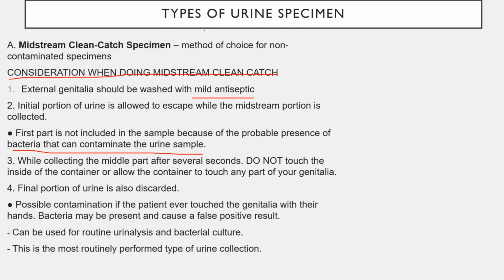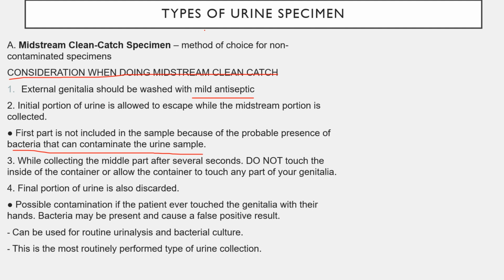So the reason they don't include the first part is that it could get contaminated by bacteria. While collecting the middle part, do not touch the inside of the container or allow the container to touch any part of your genitalia. The final portion of urine is also discarded. This is because of possible contamination if the patient ever touched the genitalia with their hands. Bacteria may be present and it would cause a false positive result.